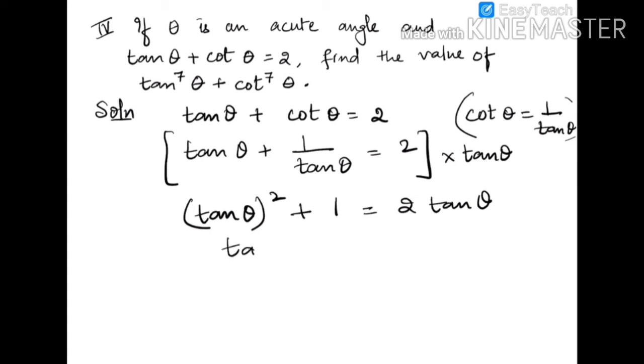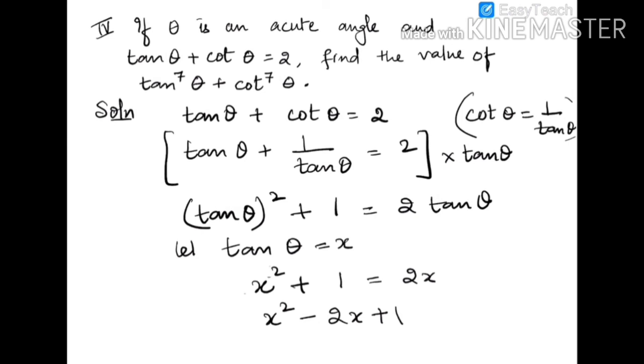Now let's take tan theta as x. So on substituting, we will have x square plus 1 equal to 2x. This is x square minus 2x plus 1 equal to 0.